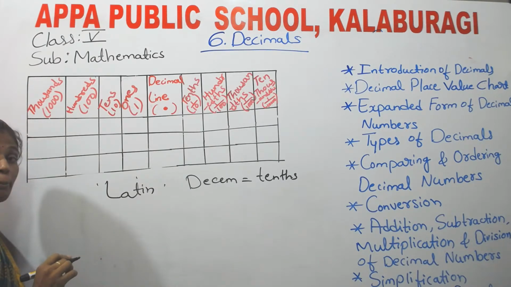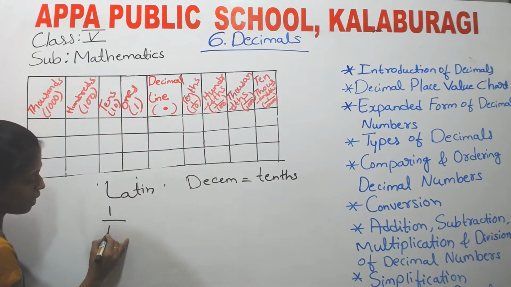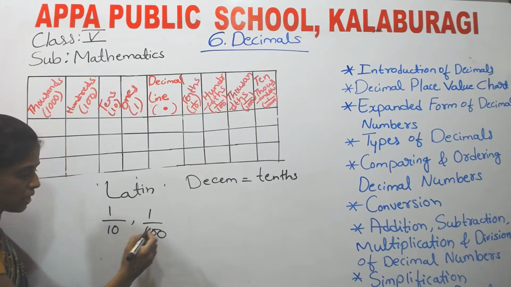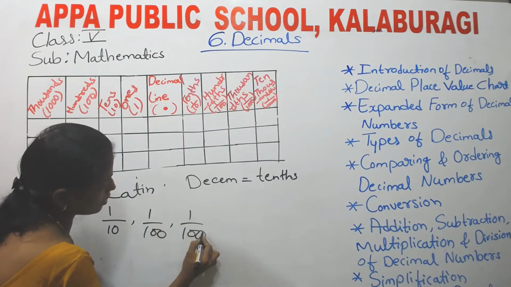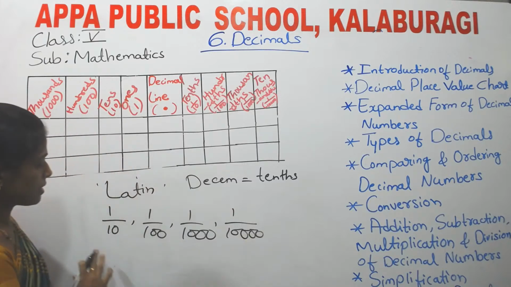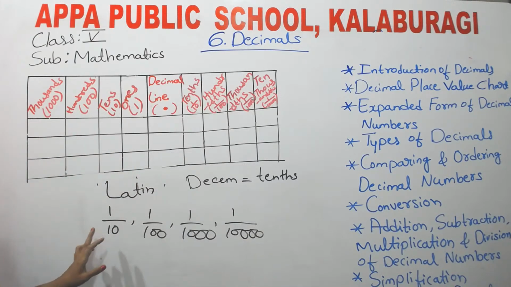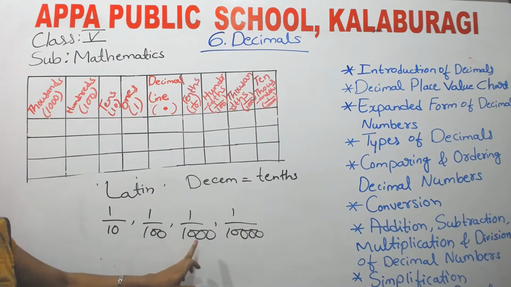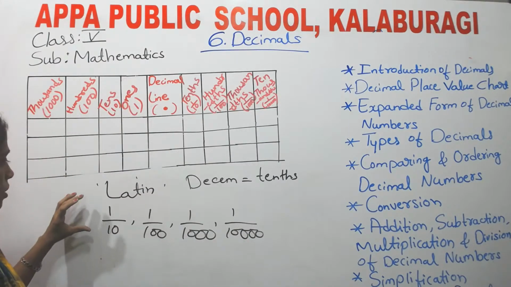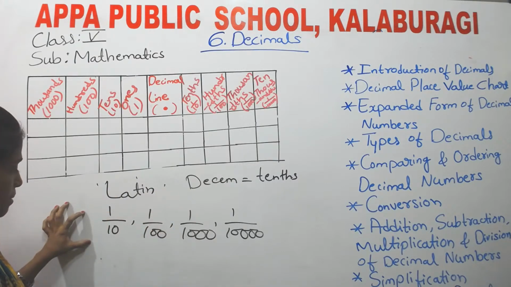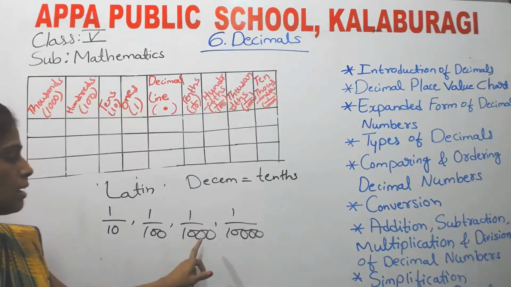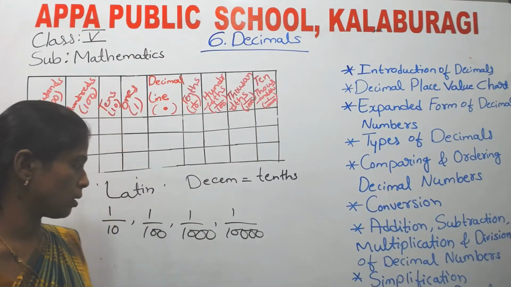This decimal number is a positional notation with the base of 1 by 10, 1 by 100, 1 by 1000 and 1 by 10,000. This is the base or denominator. Like the base 10, 100, 1000, 10,000, these are the decimal places.